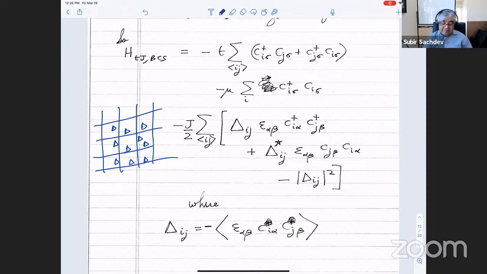So if I don't assume any symmetry, no translational symmetry or anything else, then I have an infinite number of variational parameters, which I now have to choose. I have to choose the delta ij to minimize this energy at a given density of electrons. That's exactly the calculation I went through with the Bogoliubov theory. Now just the indices and the momentum space structure are a bit different.